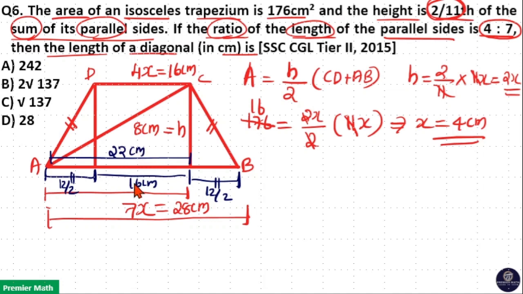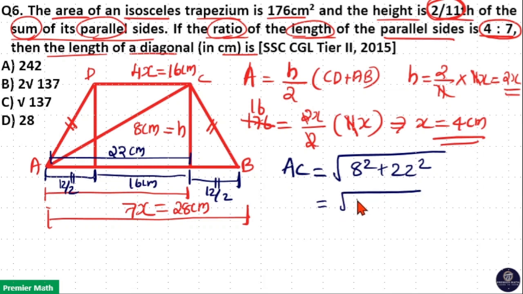Now using Pythagoras formula, here diagonal AC is equal to root of 8 square plus 22 square. Which is equal to root of 64 plus 484, but here this is given in a different form.